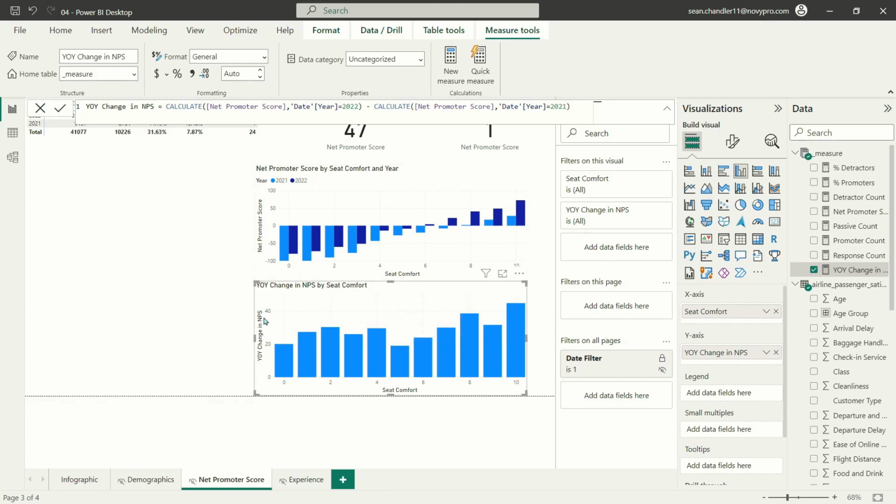Now, obviously, there's not all that much that I would expect to be terribly different or variable between our 2021 and our 2022 Net Promoter Score for this data set, just because, as I keep saying, this is a fake data set and all of the values are randomized. So we're probably going to see a lot of instances where the change in Net Promoter Score between male and female or returning and first-time customer are almost exactly the same, because all of this data was randomized.